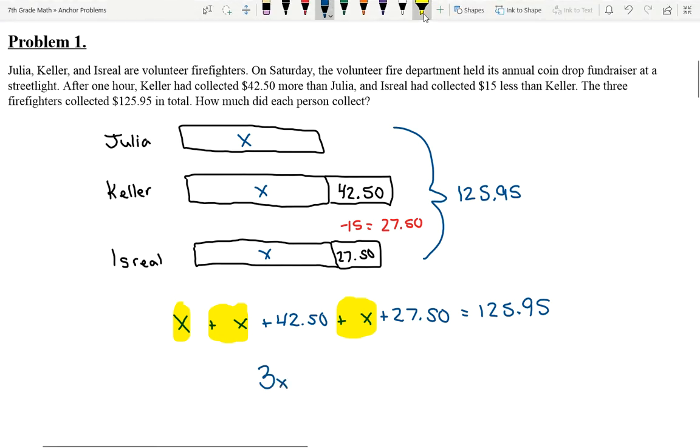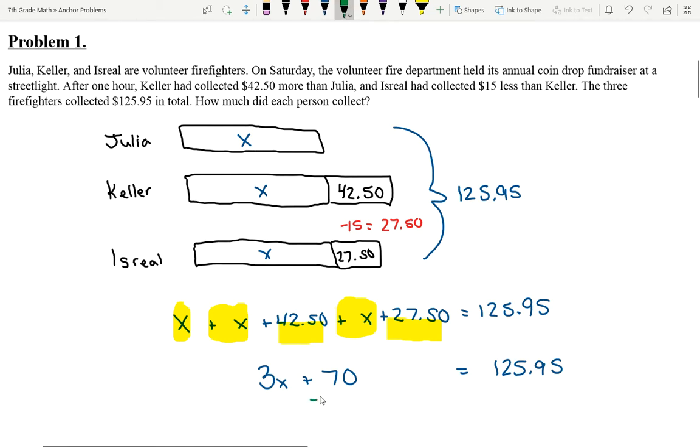Then I could take this 42.50 and add it to the 27.50 and get 70. And that's going to equal $125.95. And now I have a two-step equation to solve.